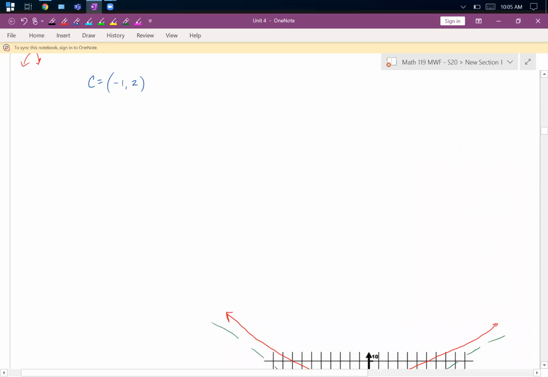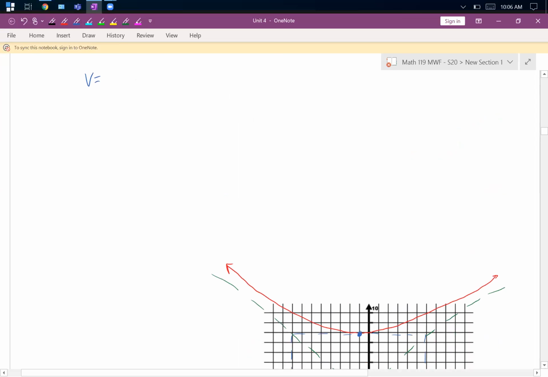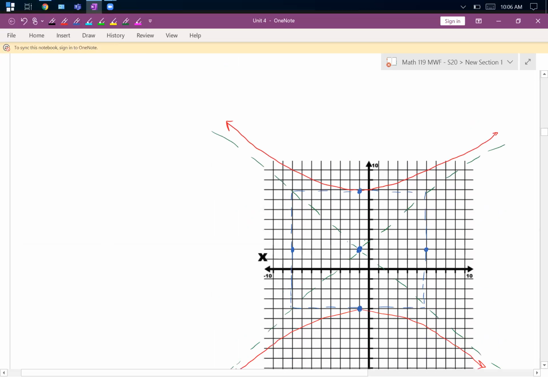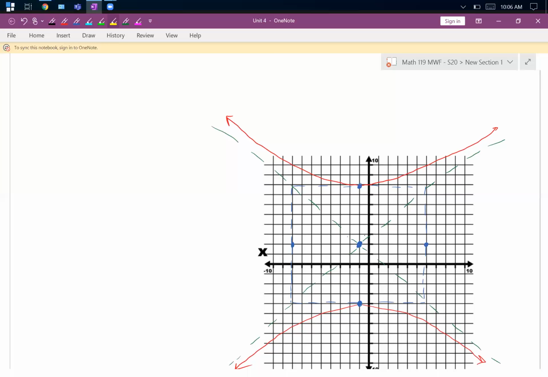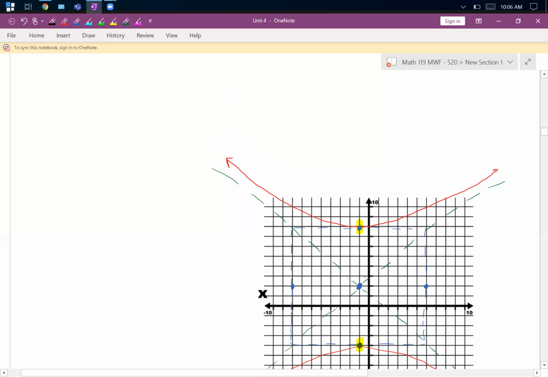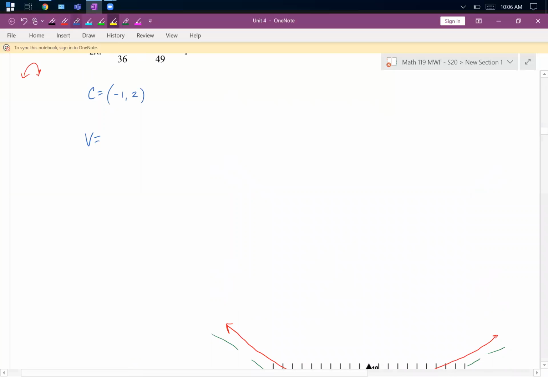Okay, let's answer all our questions. So our vertices, what are they going to be? (-1, 8) and (-1, -4). Great.